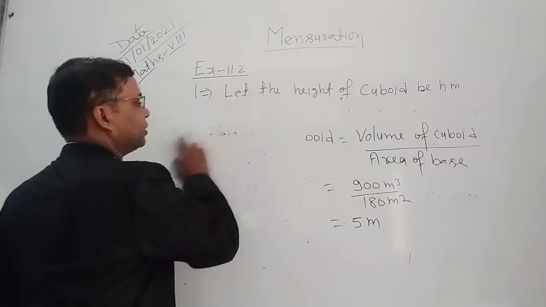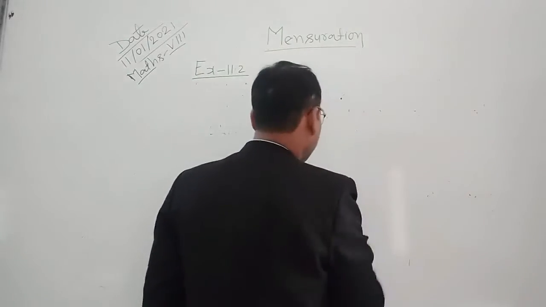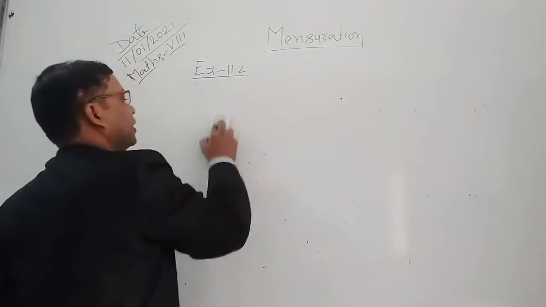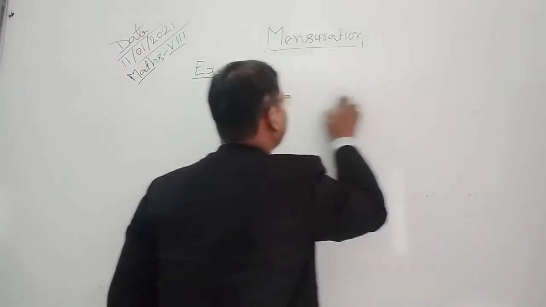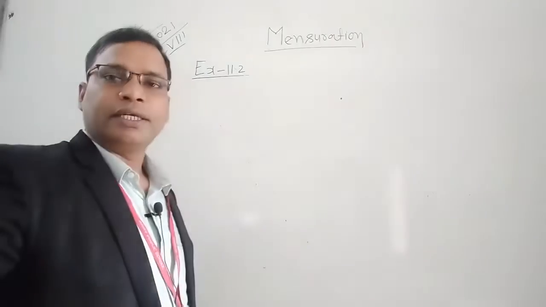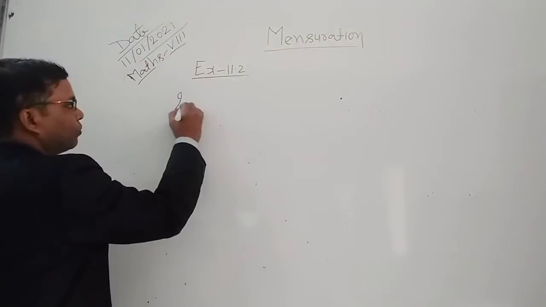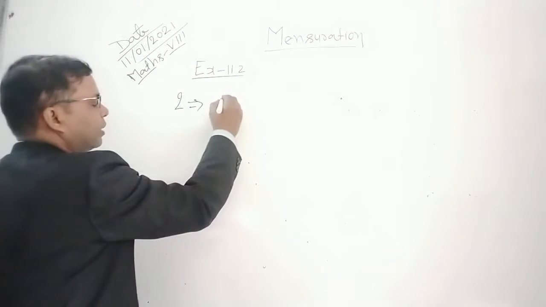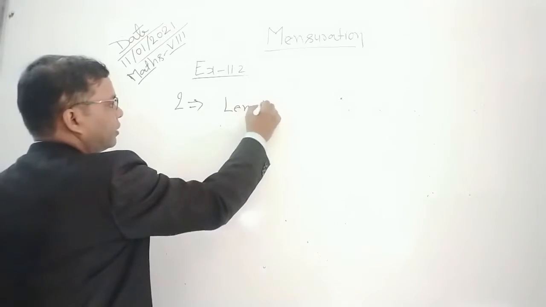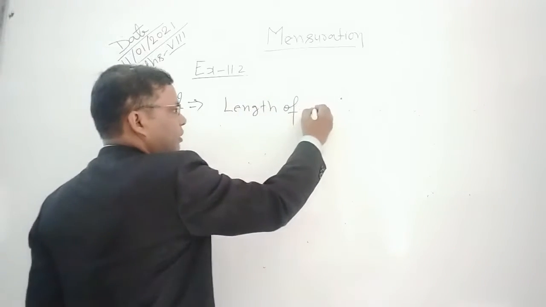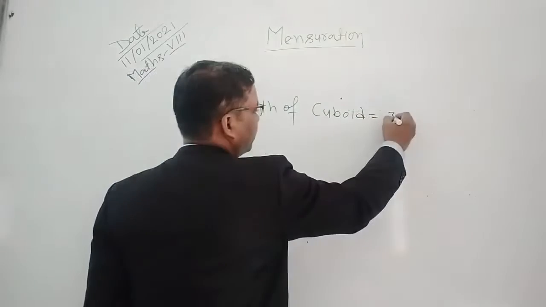In this question, length, breadth, and height of the cuboid are given. We need to find only its volume. If you multiply length, breadth, and height, then we get the volume of the cuboid. Okay. Question number 2: the length of the cuboid is given, length of cuboid is equal to 36 centimeter.